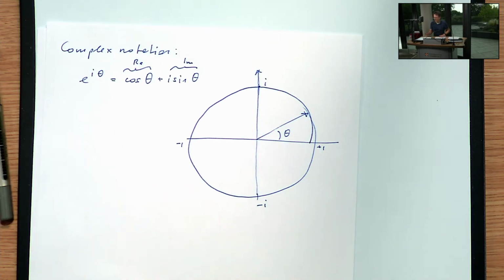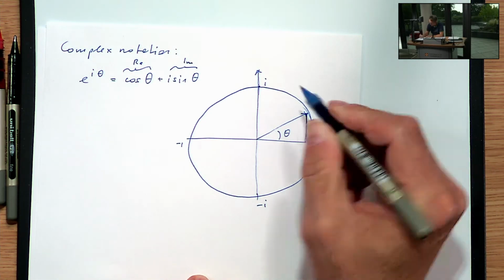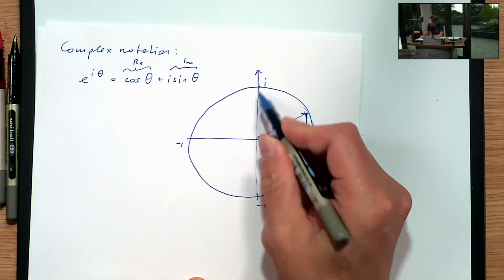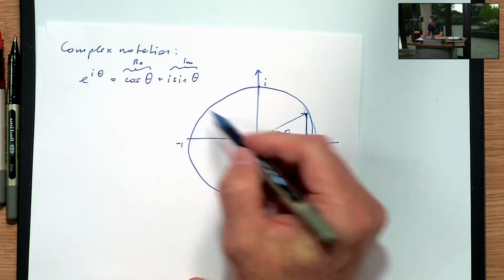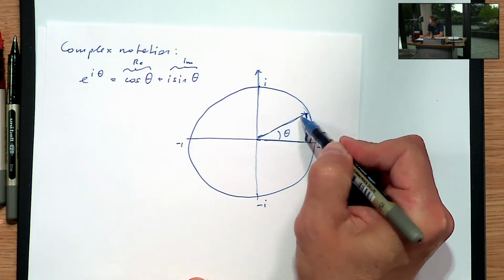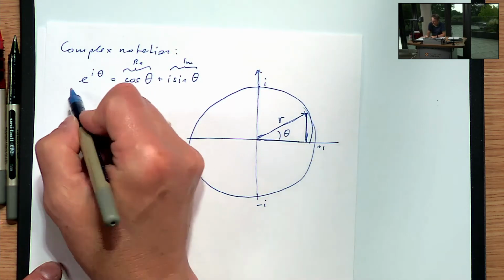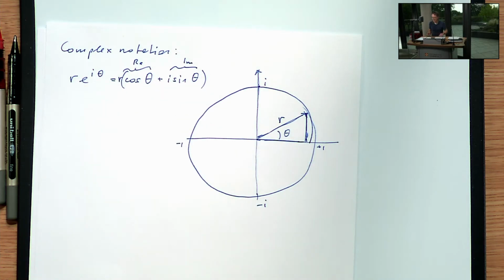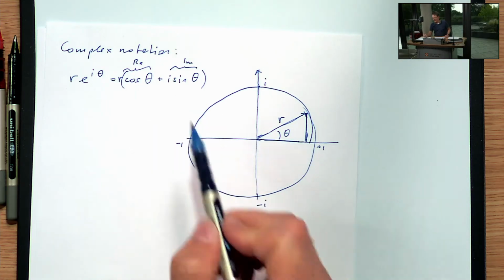So the imaginary part is this distance of this vector along the y-axis, and the real part is this part, so it's the cosine of this angle here, and this length here is r. So if I have r times e to the i theta, then this is what this means. So the length of the vector here is r, and this angle is theta.